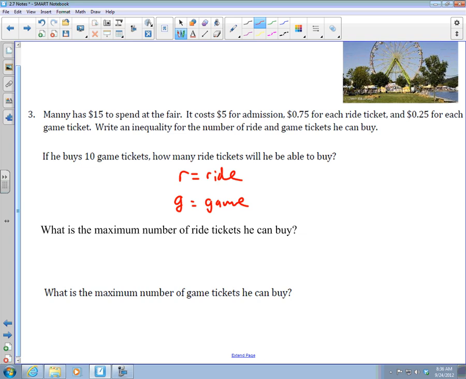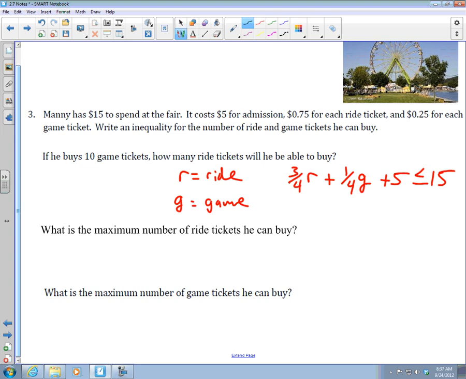Each ride ticket is 75 cents, so it's 3/4 of a dollar. So I'll say 3/4 R plus 1/4 G for the 25 cents for the game ticket. It costs $5 for admission, so I'm going to put plus $5 here. And all of this has to be less than or equal to 15, he only has $15.